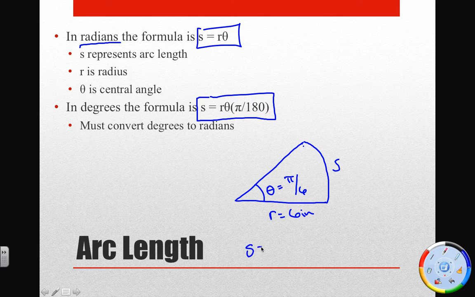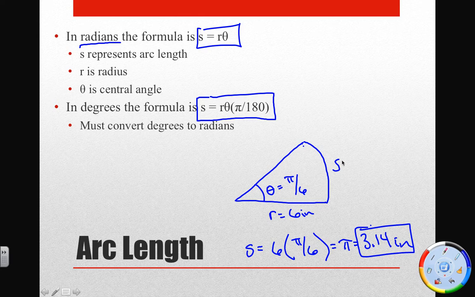So I could say S is equal to 6 times pi over 6. Here, in arc length, you actually do want to multiply by pi, but 6 divided by 6 is 1, so you get pi, which is 3.14 inches. So my arc length, the length of the crust of my pizza, is 3.14 inches.